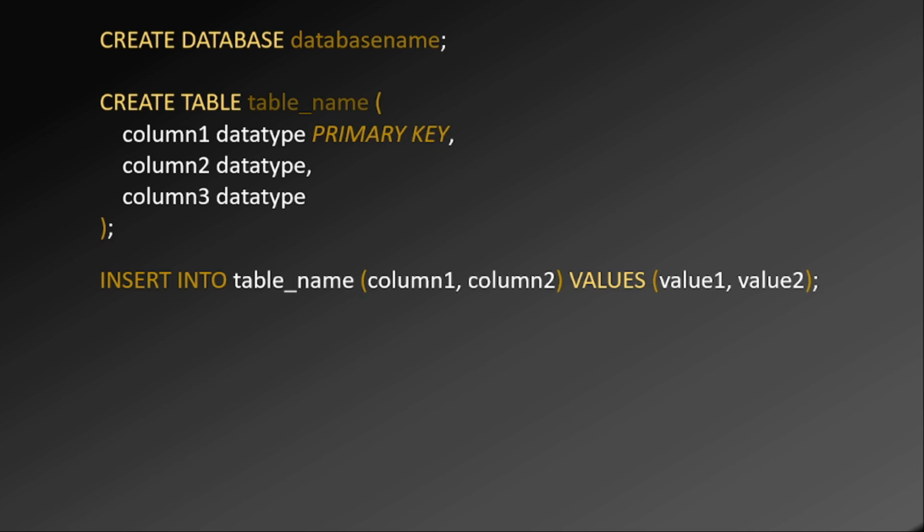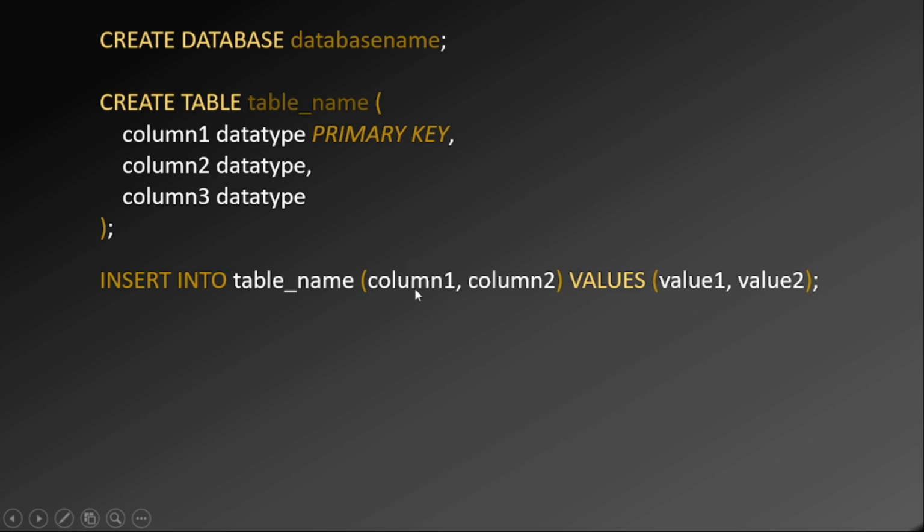You're going to use INSERT INTO and the table name that you specify, for example users, and then the columns into which we are going to insert the values. Then you use the keyword VALUES, and after it you have the values aligned respectively to the columns we specified.